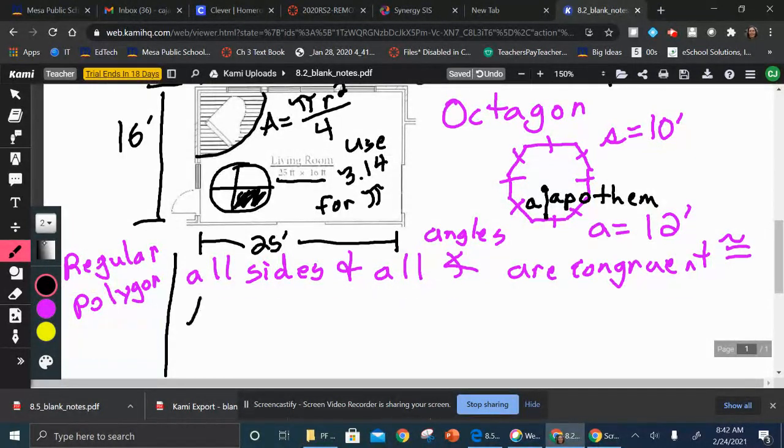So the formula that we use to find the area, because we want to put in tile, is A = 1/2 times a times P. P, everybody, is the perimeter.